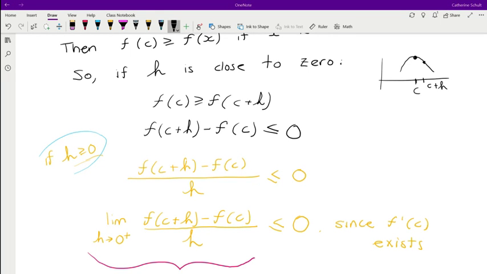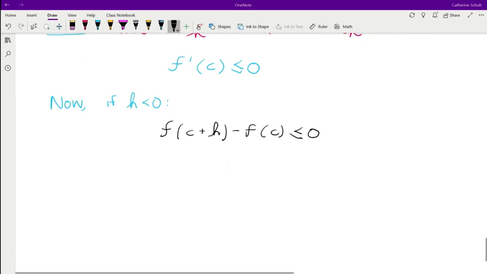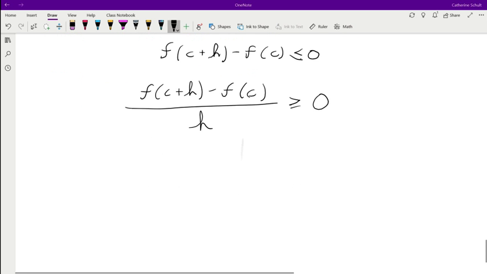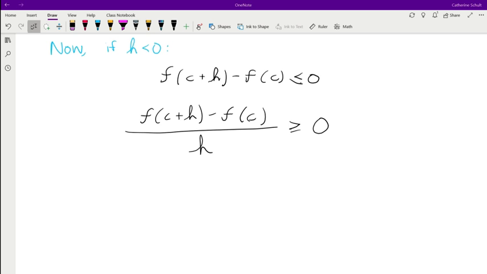And what happens when we divide by a negative number? We flip the inequality. So now that h is negative, if we divide both sides by that negative number, we have to flip that to greater than or equal to 0. Okay, and then our whole argument repeats. We can take the limit as h approaches 0, this time from the left, and we get this.